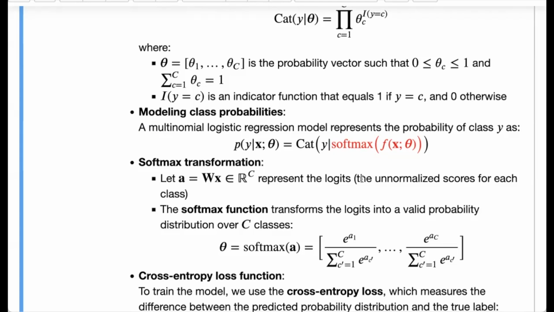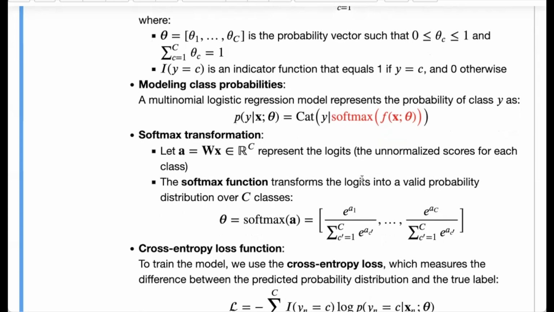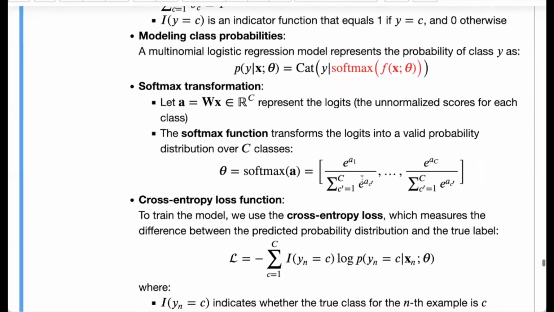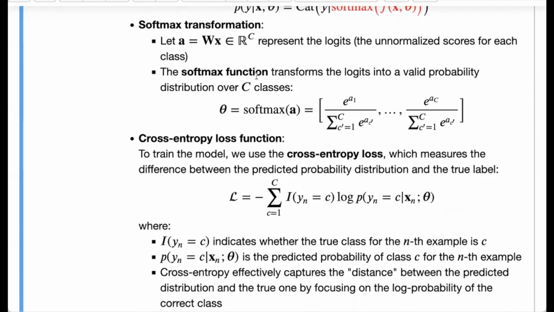To decode this and explain it in more detail, in the case of multi-class classification, we have this input feature vector x, which is of size d, meaning that we have d elements. It's a d-dimensional vector.